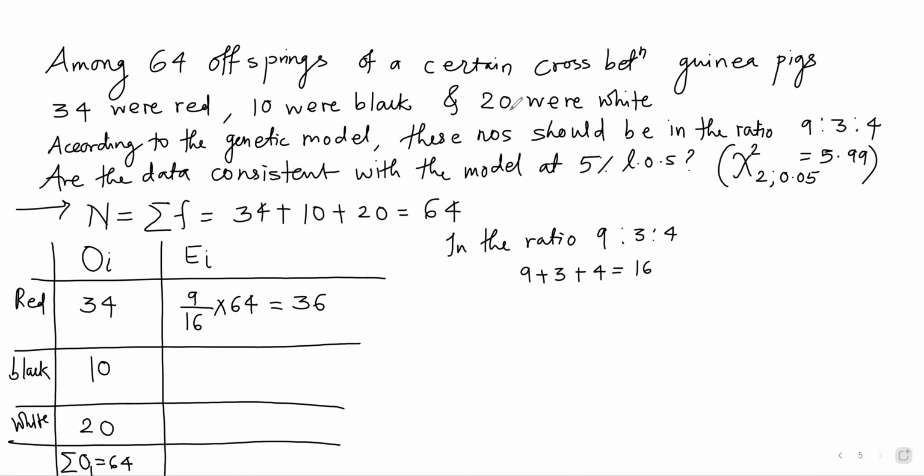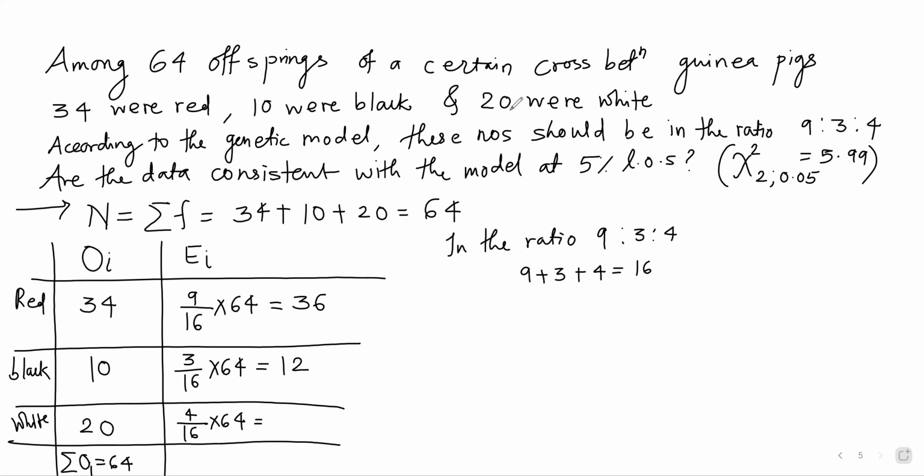16 4s are 64. Then the second one is what? It is 3/16 into 64. This is going to be 12. And the third one is in the ratio 4 by 16 into 64, correct?